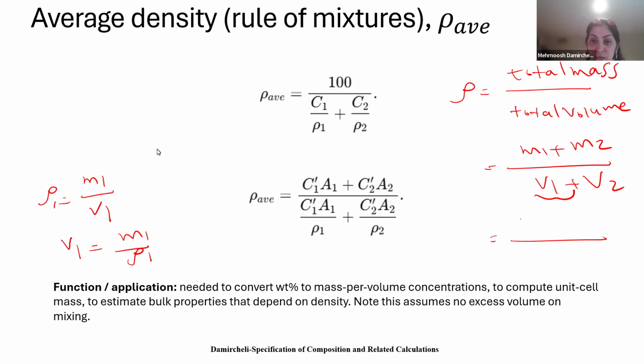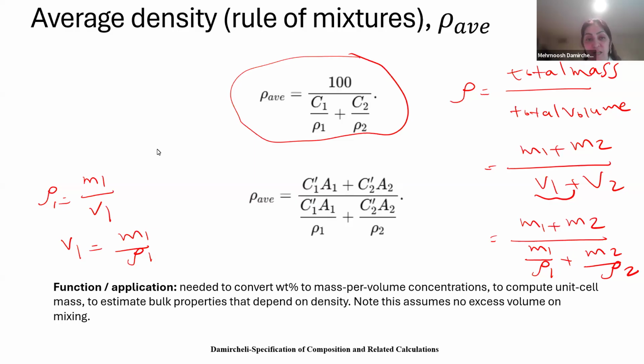So it should be (M1 + M2) per (M1 per rho 1 plus M2 per rho 2). If we write this, we reach this equation: rho average is 100 divided by (C1 per rho 1 plus C2 per rho 2). And you know that C1 is the weight percent of component 1, and C2 is the weight percent of component 2, and rho 1 and rho 2 are the densities of components 1 and 2.